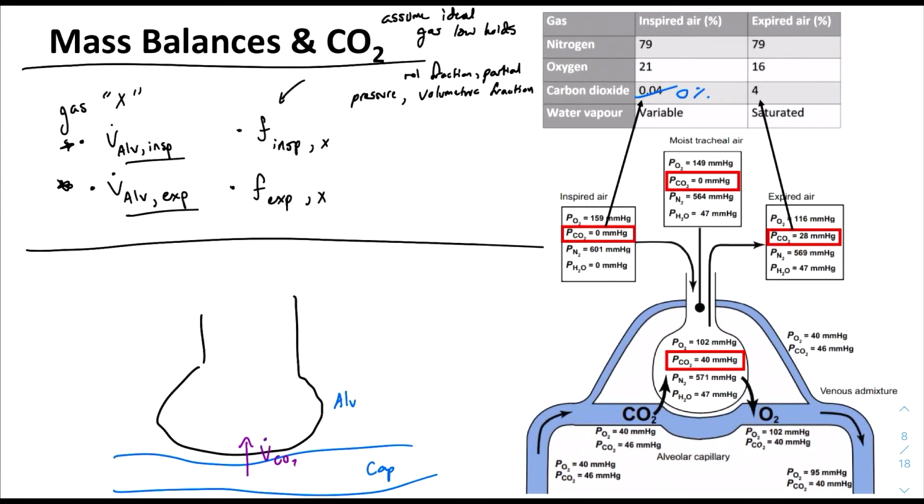So I'm going to call that VCO2 production, and that is going to result in the alveoli having some inherent concentration of CO2, or in this case, an inherent volumetric fraction of CO2 at the alveolar level.